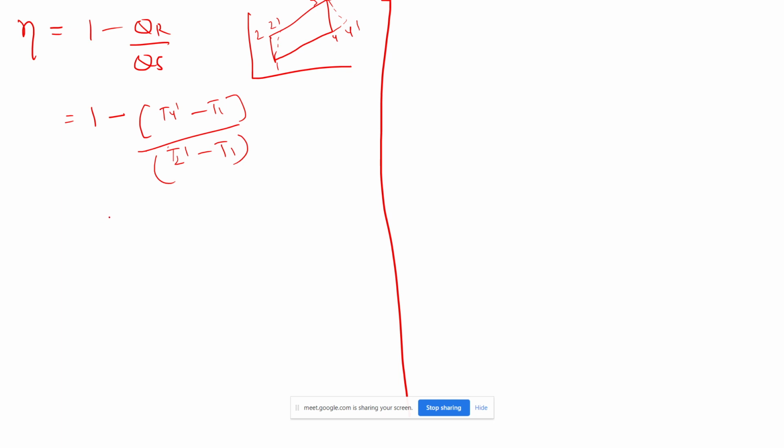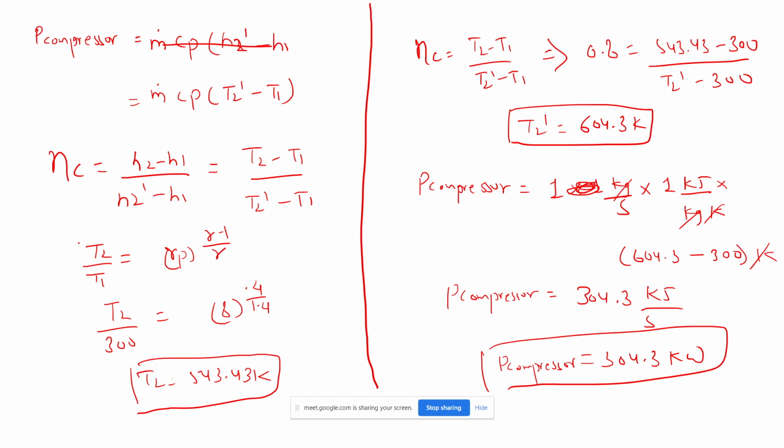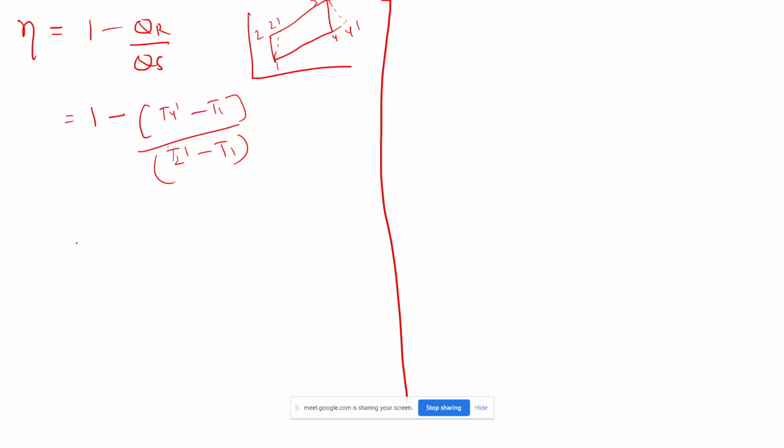So what was the formula for that? T3 upon T4 is equal to Rp to the power (gamma minus 1) upon gamma. So T3, what is given in the question?